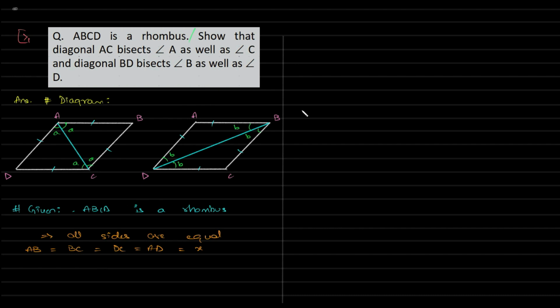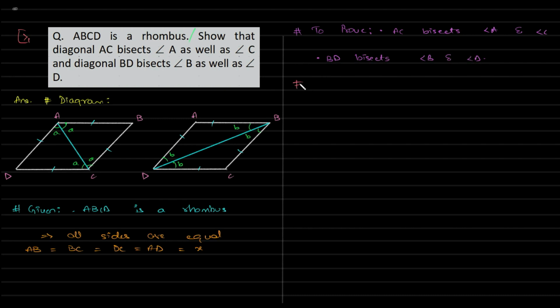So let me directly go to what we need to prove. AC bisects angle A and angle C. Then we have BD bisects angle B and angle D.